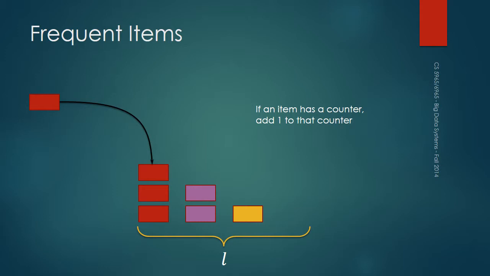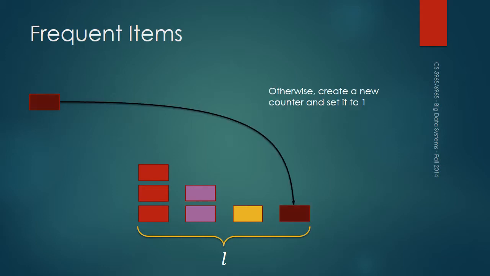This item is something for which you are maintaining a counter, in which case it's very simple: you add one to that counter and you have updated your frequency list for that item. If you have not seen this item before, then you insert it into the empty slot that you have.